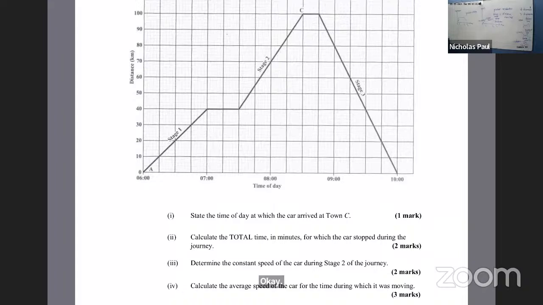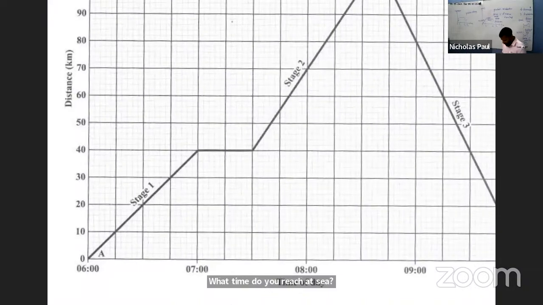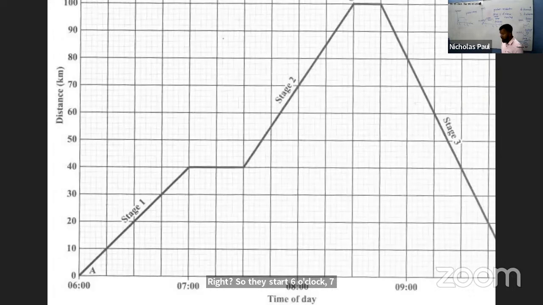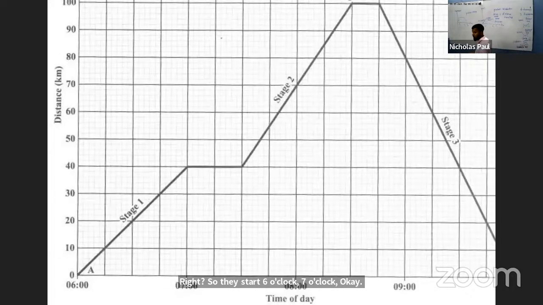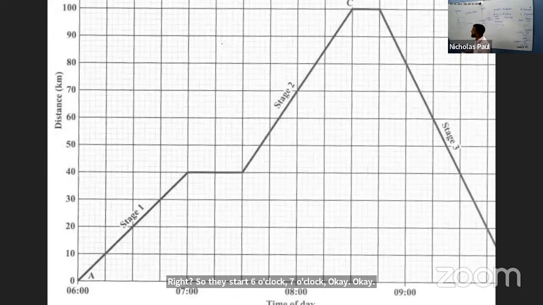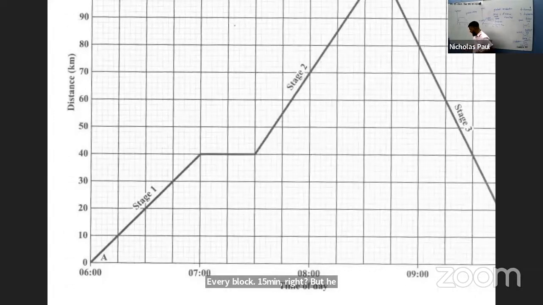State the time of day at which the car arrived at C. What time do they reach C? Right, so they start at 6 o'clock, 7 o'clock, 8 o'clock. It's looking like in the middle, half 8. By the way, every block is how many minutes? 15 minutes, right? It's important we know that. So the little block is 15 minutes, so they reach C at 8:30.